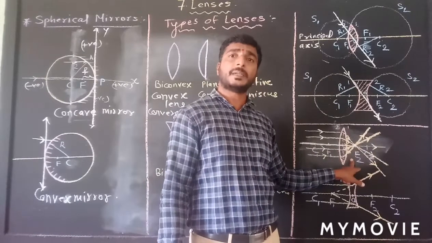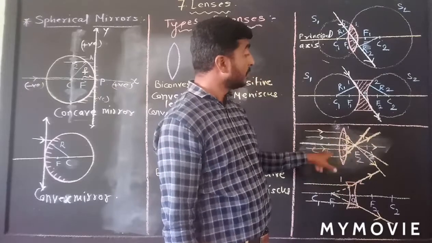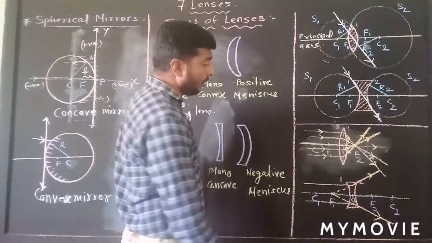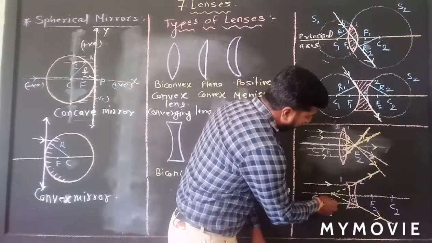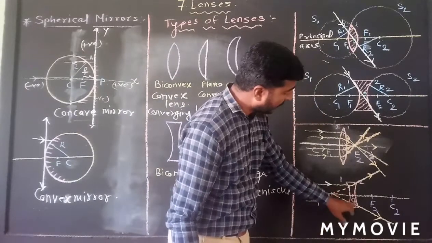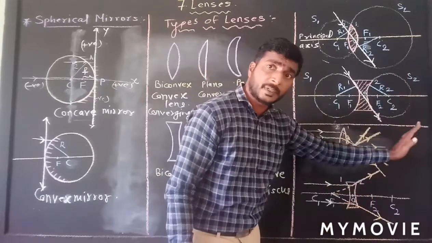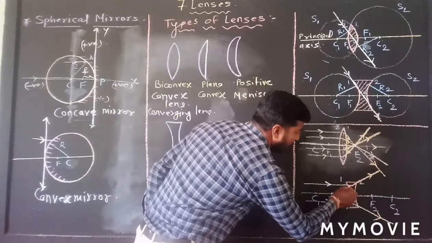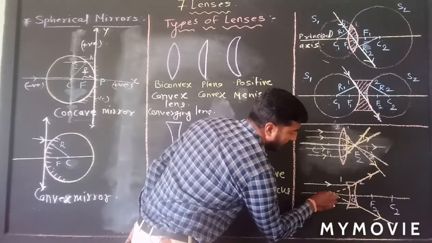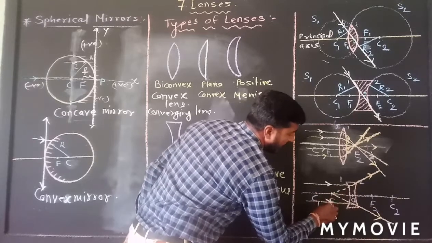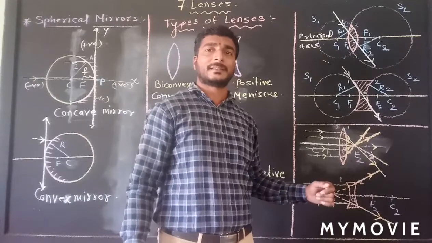That point is called the principal focus, and that principal focus is of the convex lens. Now, in the concave lens, when a ray of light travels parallel to the principal axis and falls here, they get diverged, and after diverging, they appear to be coming from a point on the principal axis, so it is called the principal focus of the concave lens.